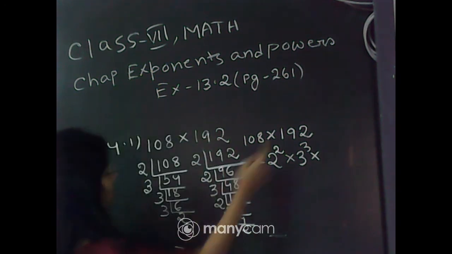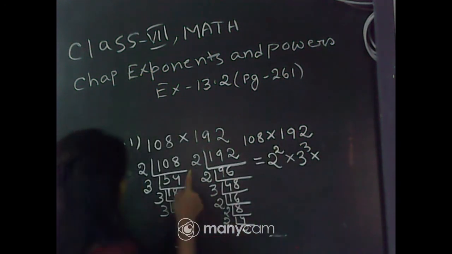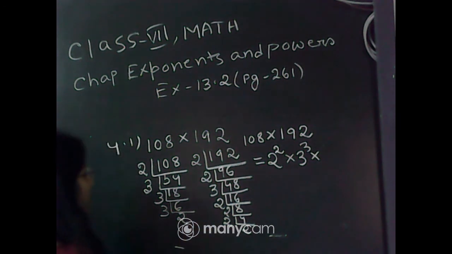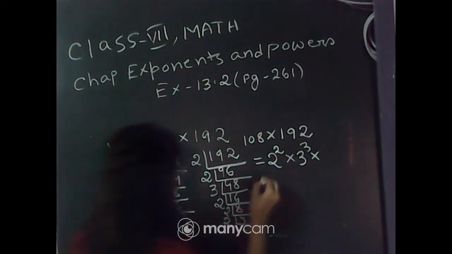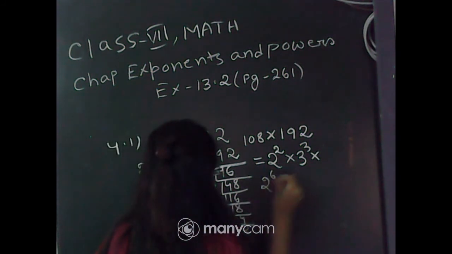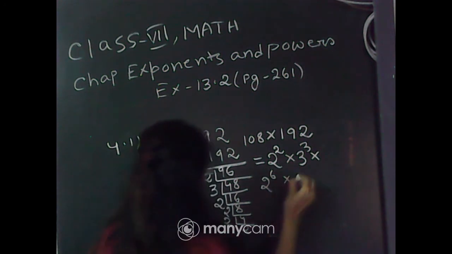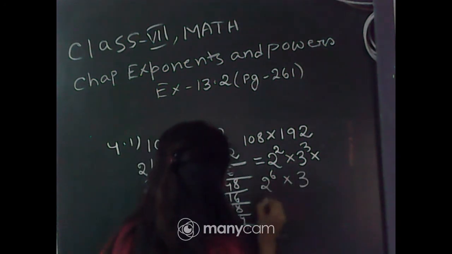And for 192, 2 is 6 times, so the power of 2 will be 6 and 3 is 1 time, so the power of 3 will be 1.